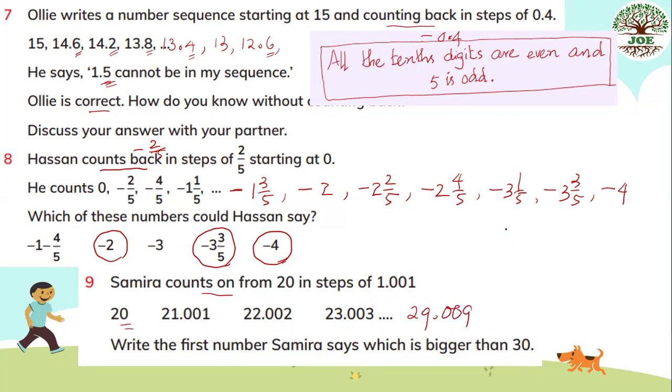So we add 29.009 plus 1.001, which gives 30.01. The first number bigger than 30 is 30.01. This is the answer.